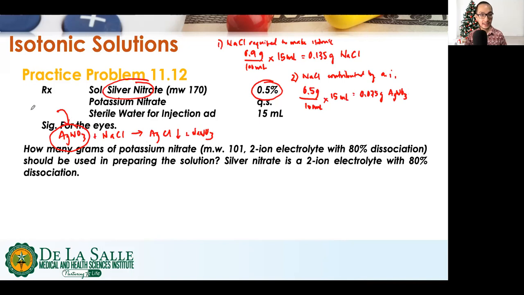Now, silver nitrate is an antimicrobial agent that is used as a prophylaxis for neonatal gonorrhea, which is an infection of a newborn child.